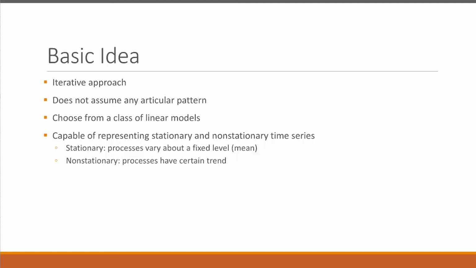We haven't been talking about stationary, the concept, for a while, so let me give you a refresher on it. Stationary means this process is stable. It varies about a fixed level, which is usually the mean. When we have non-stationary, we see there's a process with trend. That's usually what we say is non-stationary.